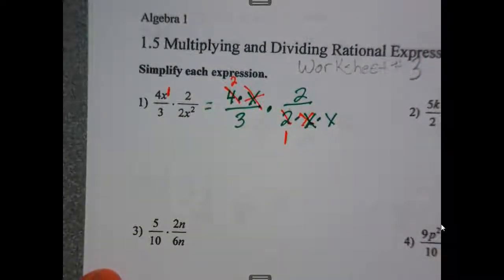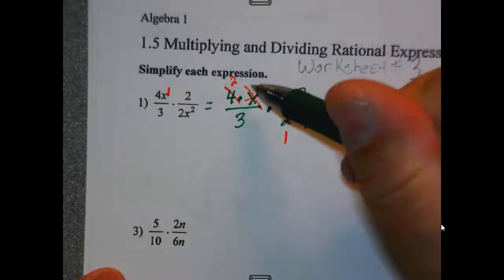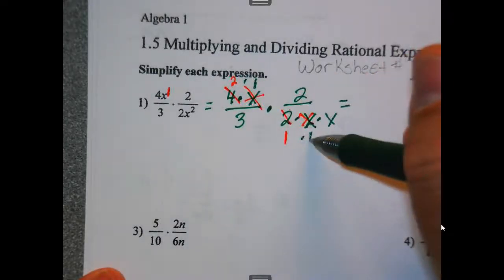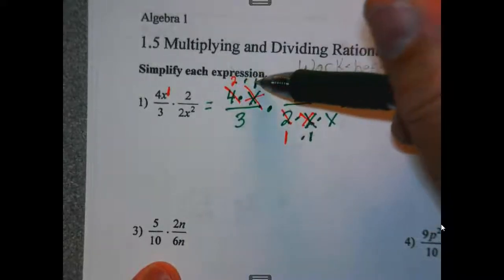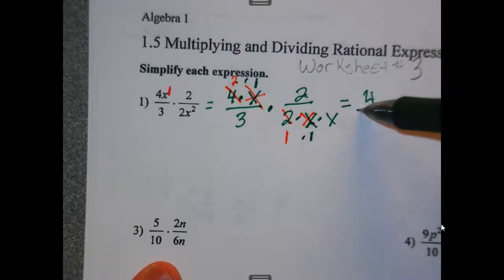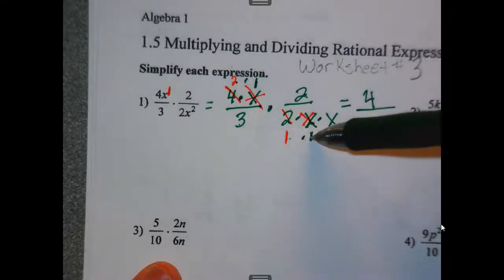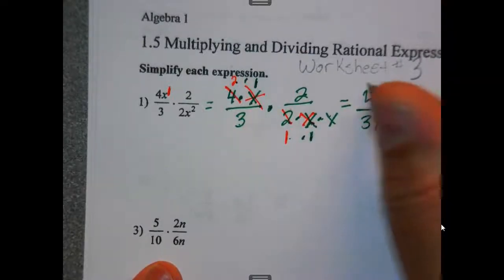So, and then I multiply across. Well, yeah, these are 1s because I'm canceling them out. So 2 times 1 is 2 times 2 is 4. Then I have 3 times 1 is 3 times 1 is 3 times x is 3x.